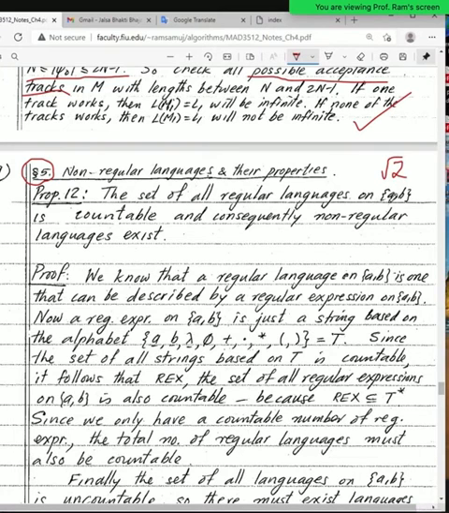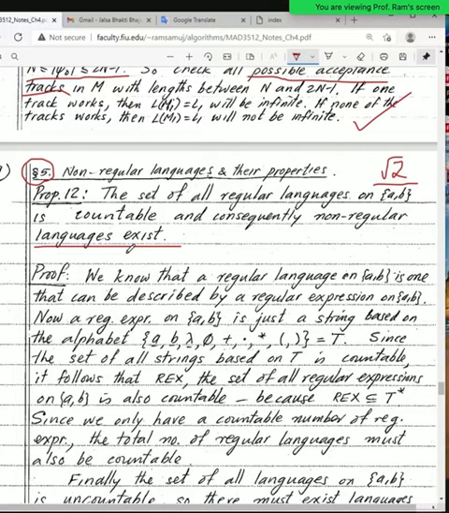But I only brought up square root of 2 to say the set of all regular languages is countable, and consequently, non-regular languages exist. That's the first thing. This is what Cantor did. Cantor said the set of all real numbers is uncountable, and that's his diagonal argument, and he got it by contradiction.